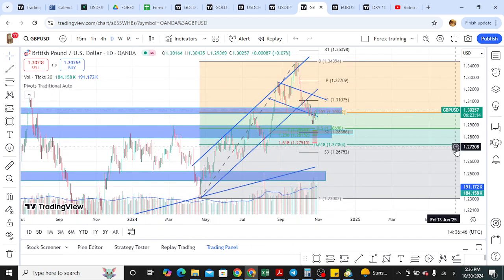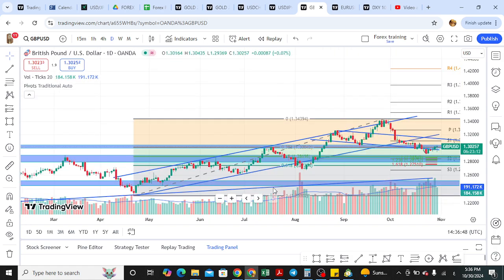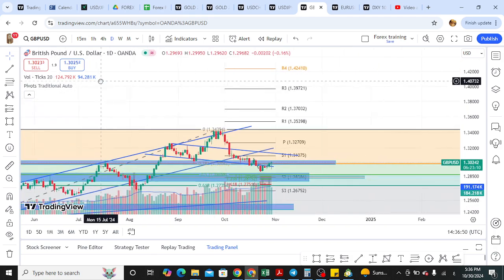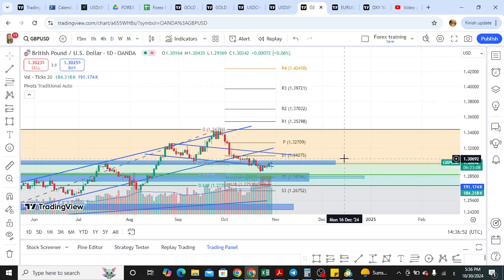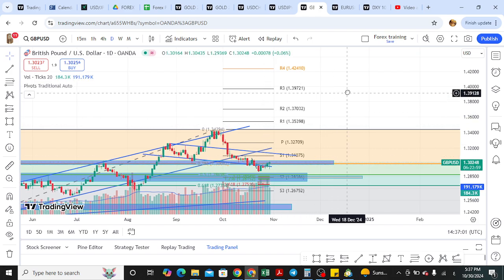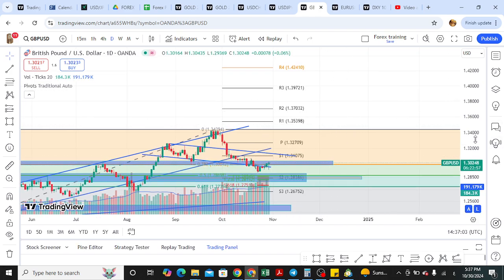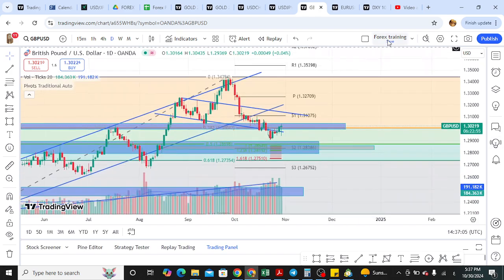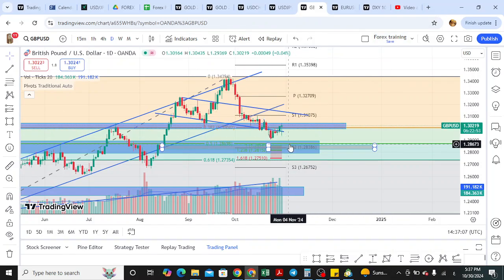If we get back to it, we can see that it broke the 382 Fibonacci and was halfway to the 0.5 Fibonacci.